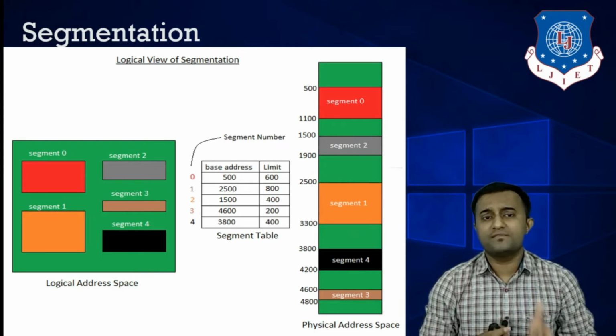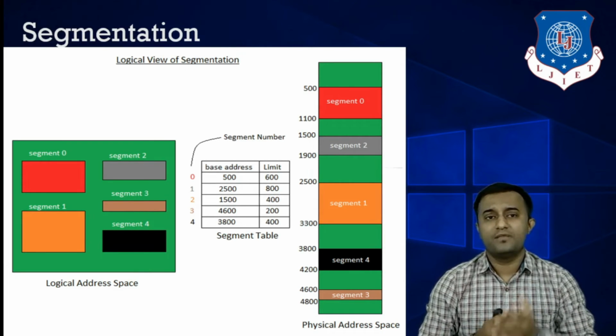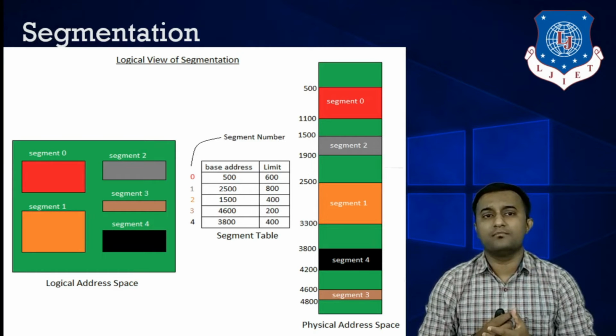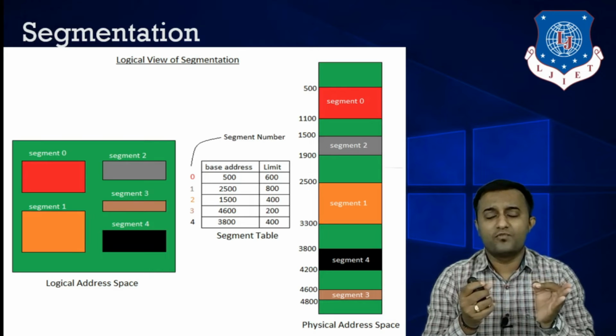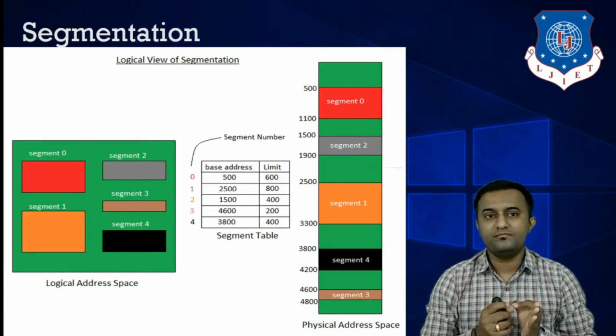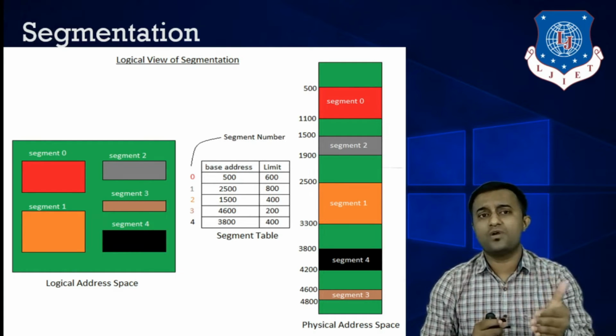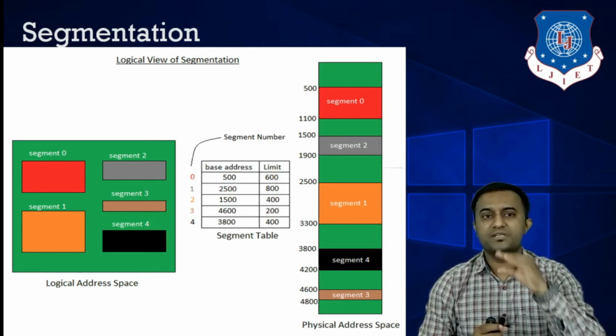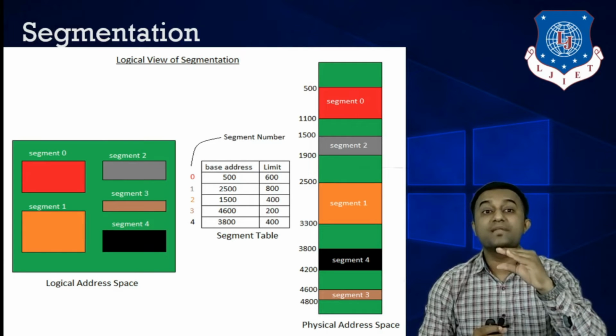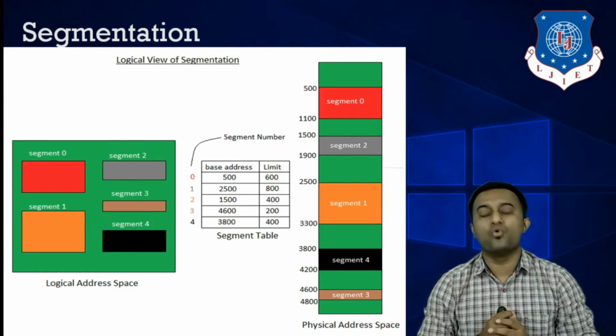But in the case of segmentation, what will happen? If you are talking about the same calculator program, the segmentation would be performed by the user, or you can say by the compiler. The compiler will do the partitions based on the similarity of the code.